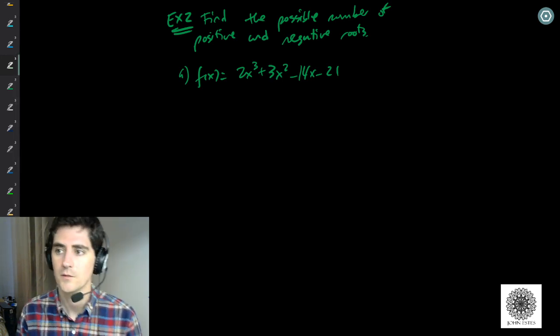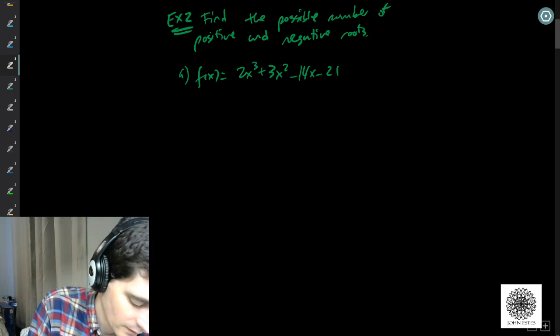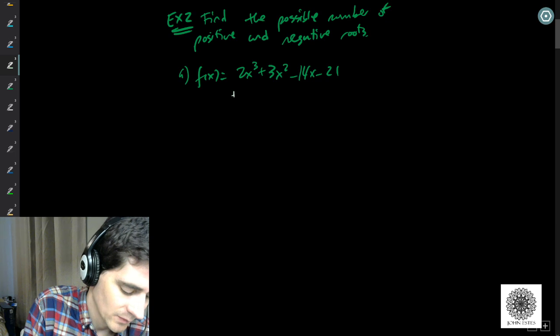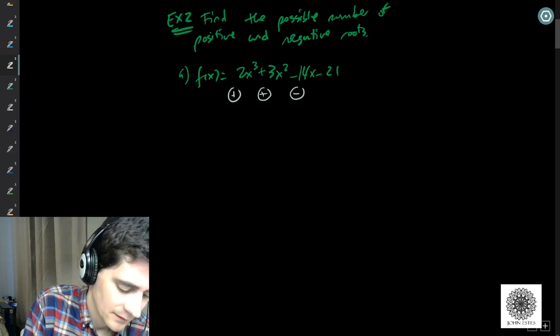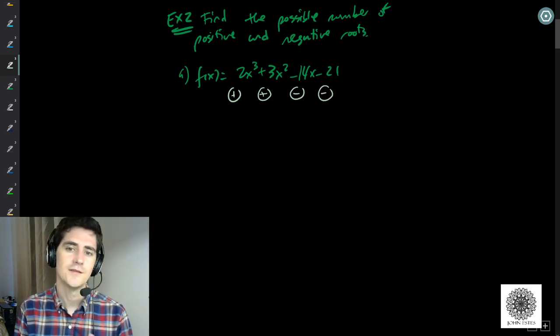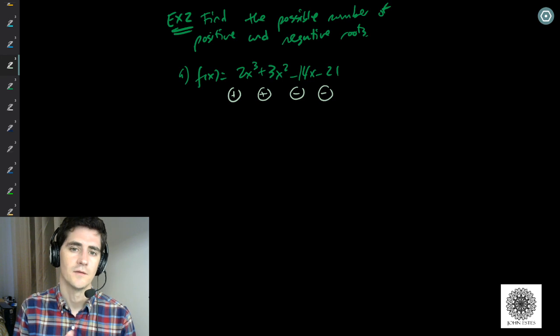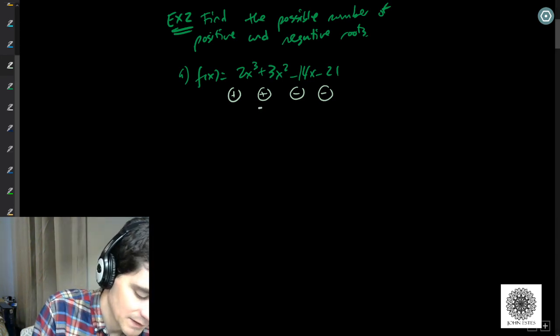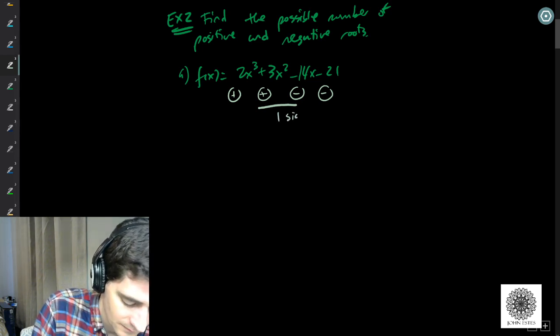If I'm just looking at the coefficients of my polynomial, I start out positive, positive, negative, negative. How many times in this sequence did I change from either negative to positive or positive to negative? I only changed one time. There's only one sign change.